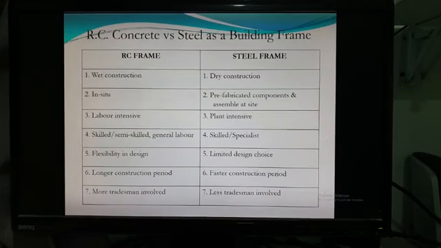So in comparison between RC concrete and steel as a building frame, we can see that first of all, in terms of the construction itself, RC frame versus steel frame is between wet construction and dry construction, meaning that the steel frame can be erected a lot faster compared to RC, because RC needs time for the concrete to be cured.